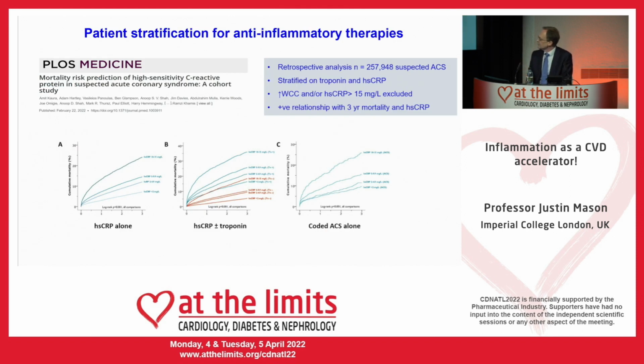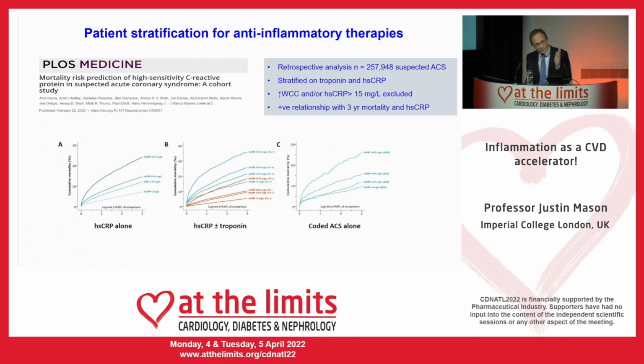So finally, looking to the future, we need better biomarkers. I know CRP is in and out and somewhat controversial. I just wanted to flag this paper from my colleague Ramsey Kamis, recently published, which took a large group of patients from trusts across London, about 250,000 initially, stratified on the basis of troponin and their high-sensitivity CRP on admission, presenting with acute coronary syndromes.